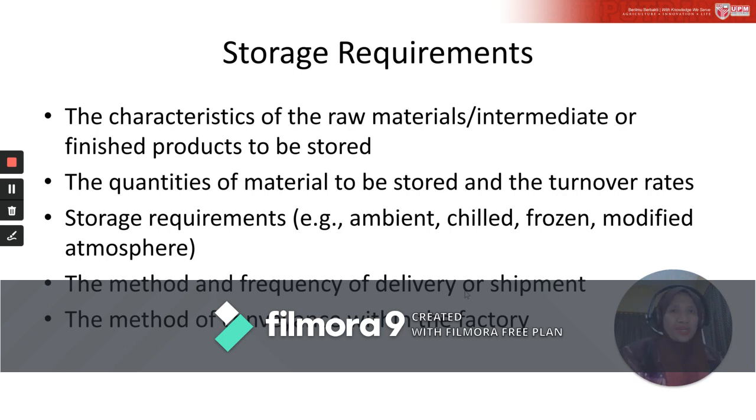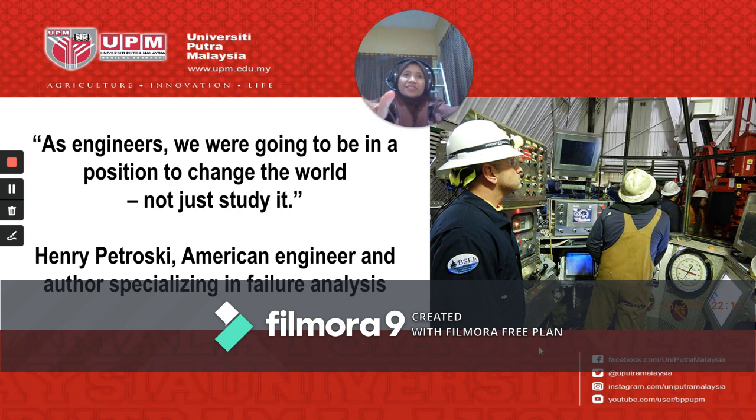So you must make sure that you have enough storage area for that. Right, now I hope you understand this. And the other important thing to take into consideration is the conveyance within the factory. Are you using a forklift, or are you using a piping system to transfer the raw material to the next processing equipment? Okay, these are all the things that you need to consider.